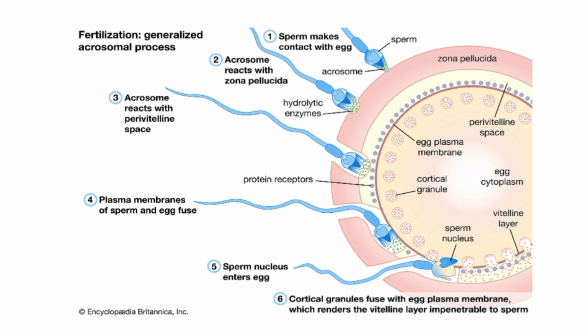Some of them die off before even reaching the zona pellucida, and some of them can penetrate the zona pellucida. Then the acrosome from the spermatozoa reacts with the zona pellucida to dissolve this membrane so that it enters. When it enters as a pronucleus, it fuses. It had 23 chromosomes. Now it meets up with the 23 chromosomes from the female, fused together to form 46.